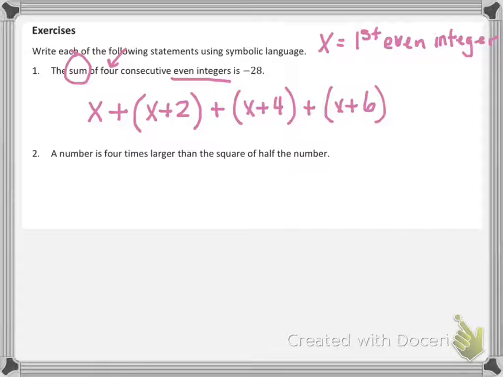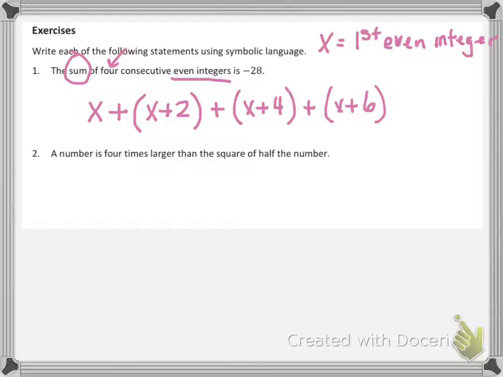Let's say, for example, that x is 2. Well, 2 plus 2 would be 4, and 2 plus 4 would be 6, and 2 plus 6 would be 8, and that gives us 4 consecutive even integers. So my expression so far works.